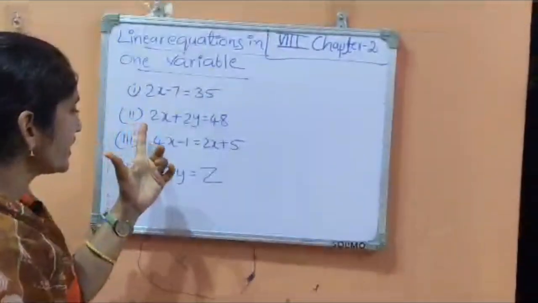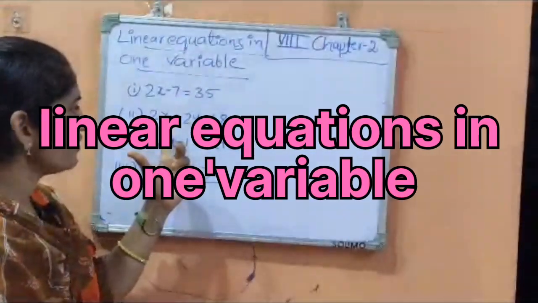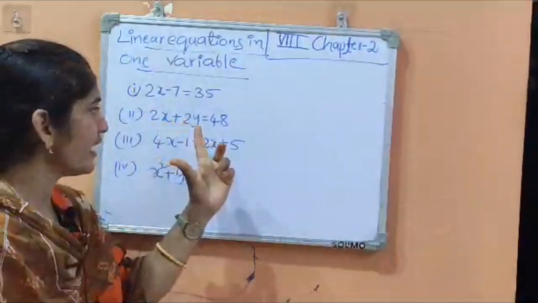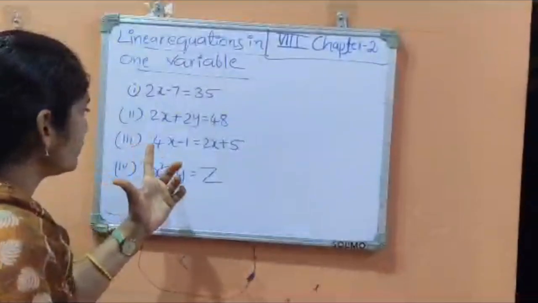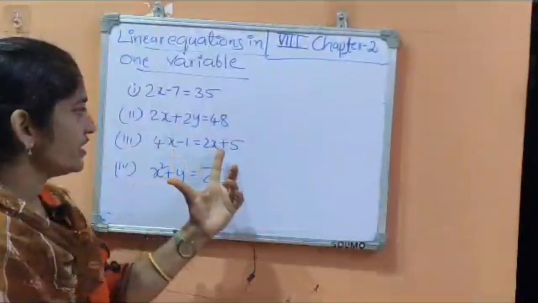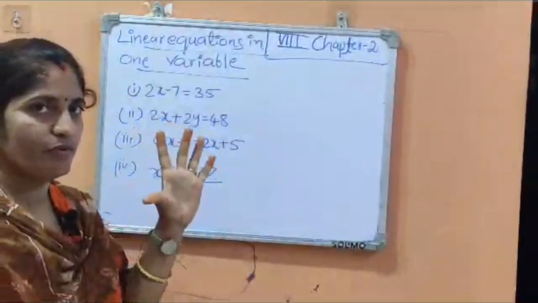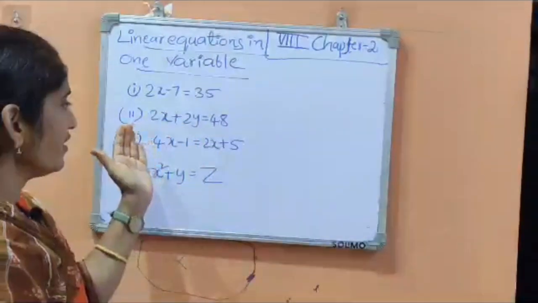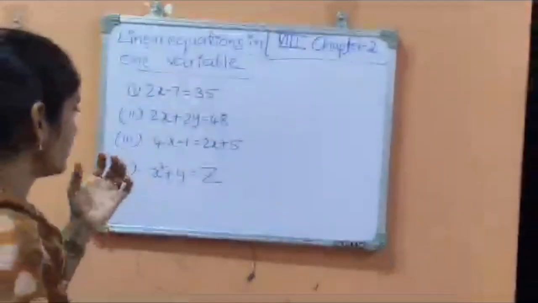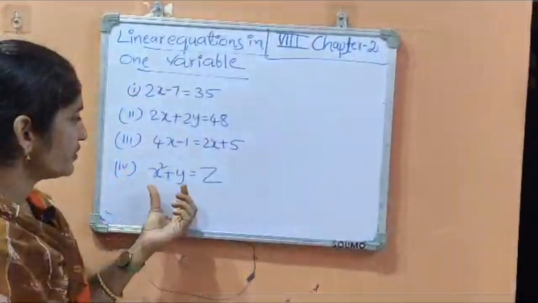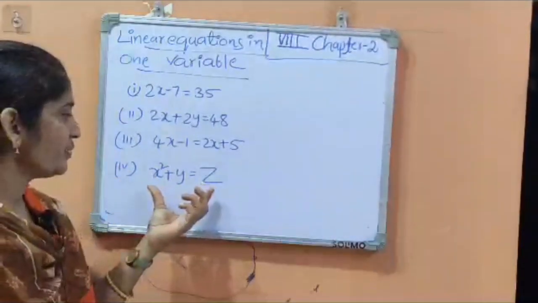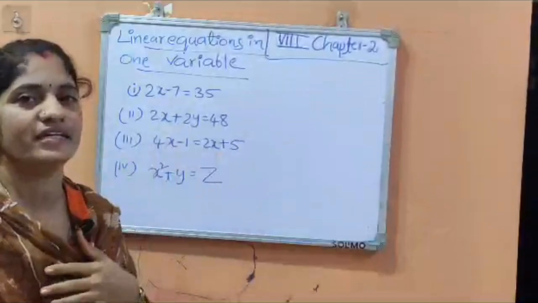The second equation has two variables, x and y. The third equation has only one variable, x, on the right and left sides. The fourth equation has three variables, x, y and z.